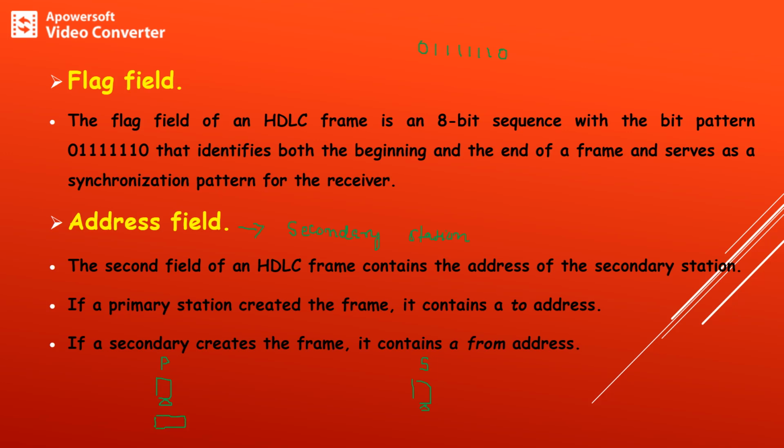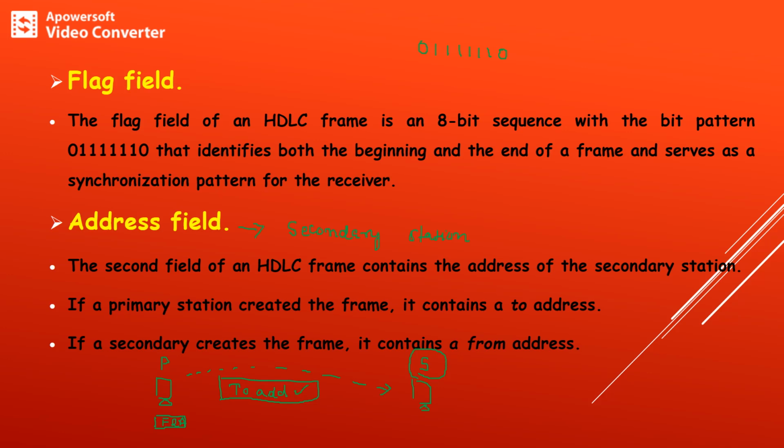At that instant the address field contains the address, that means to which particular station the primary is sending the data. Because always in the address field we have to carry the address of the secondary station.